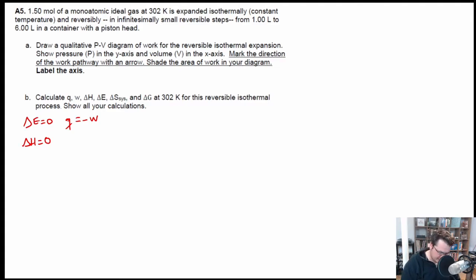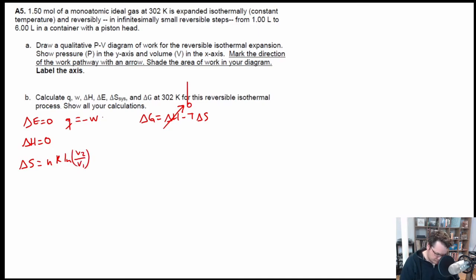Since we know that delta G is equal to delta H minus T delta S, if delta H is equal to 0, then delta G is simply equal to negative T delta S. The other thing we know is that delta S is going to be equal to, what is the equation? nR natural log of V2 over V1.